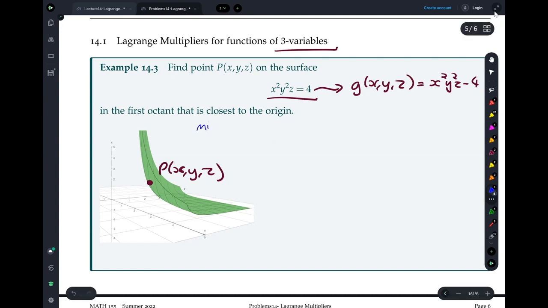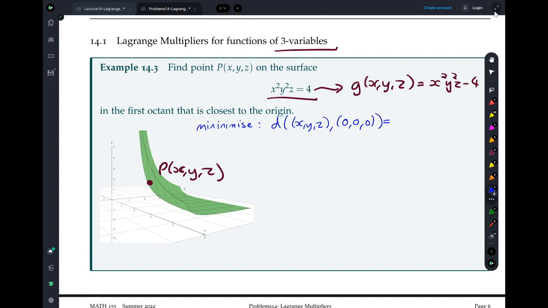So what's the distance function in R3? We minimize the distance between this point (x, y, z) and the origin. So what's that going to be? How do we work out a distance in R3 between 2 points?